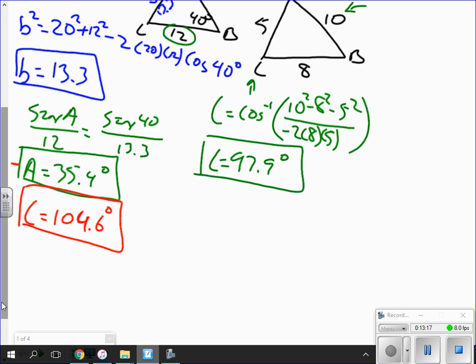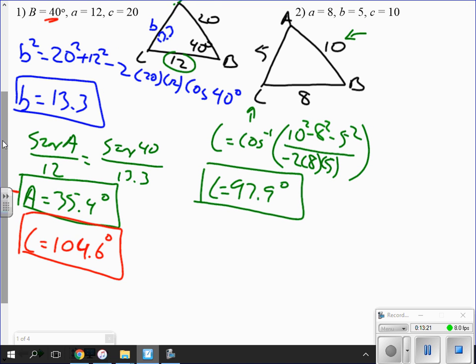So I did mine for angle B, which was the smallest. Once again, I picked the smallest, but it really doesn't matter on this one, but I like to do the smallest one. Sine of B over 5 is equal to the sine of 97.9 over 10.